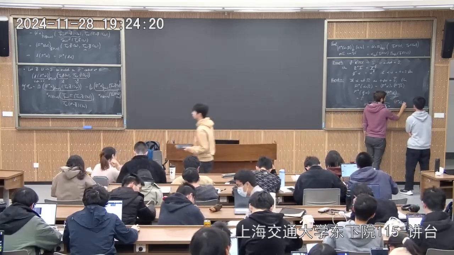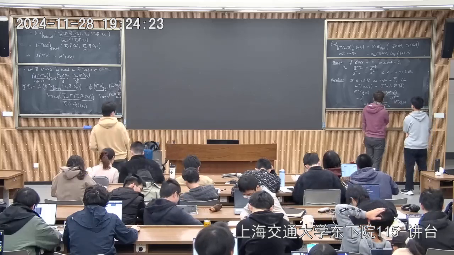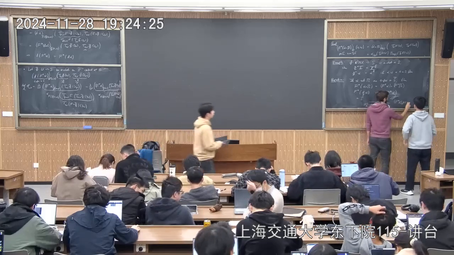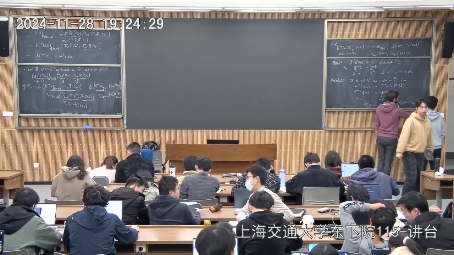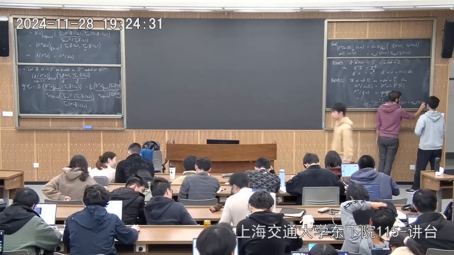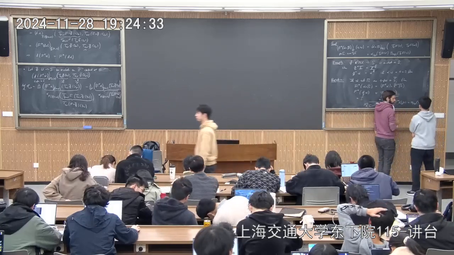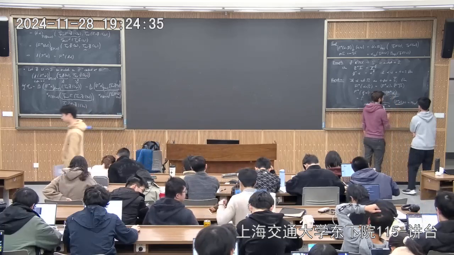We have to give a point and a vector on S. And what we do is we have alpha at F(p), and then we take the tangent map. So that's the definition of that.